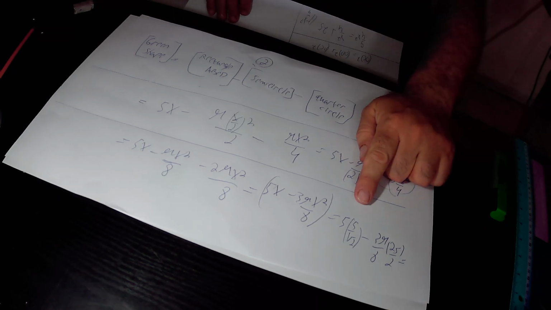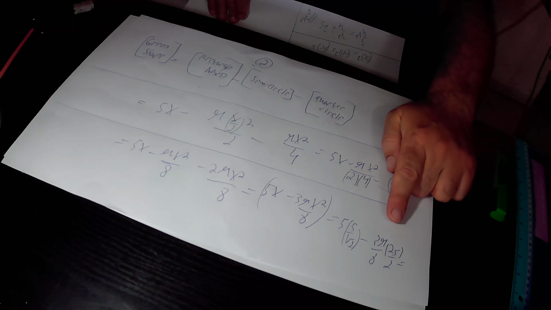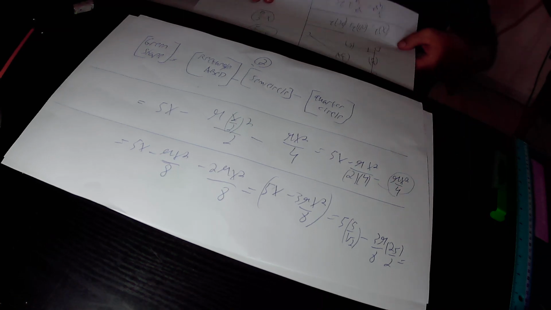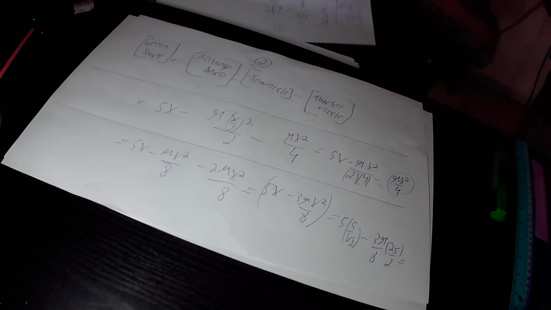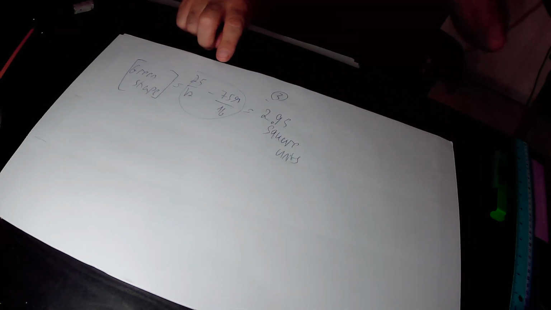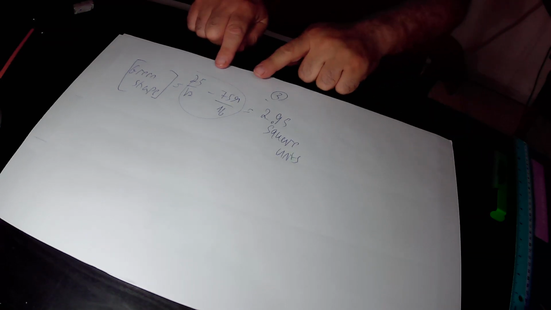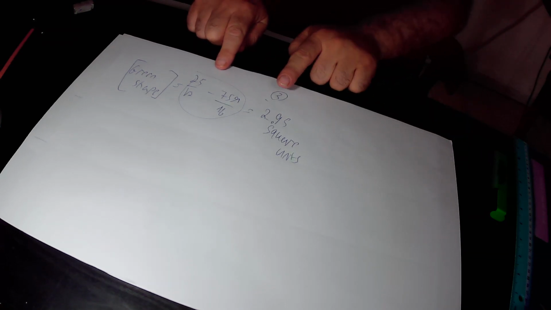5 times 5 is 25, so this expression equals 25 over square root of 2 minus, in the numerator, 3 pi times 25, that is 75 pi, over 2 times 8, that is 16. So the area of the green shape equals 25 over square root of 2 minus 75 pi over 16 square units, and in terms of numbers it equals 2.95 square units.